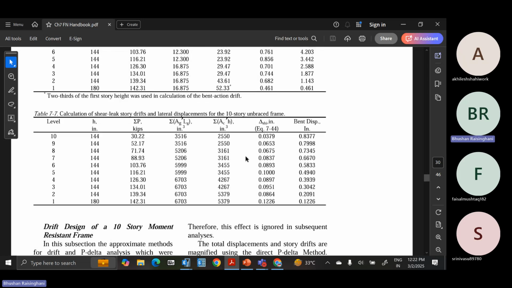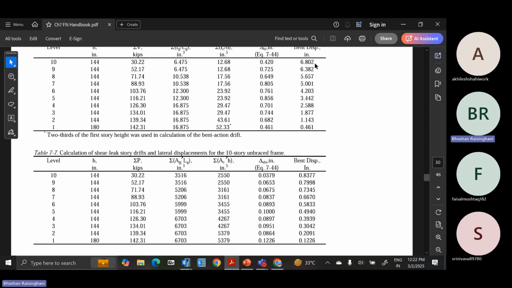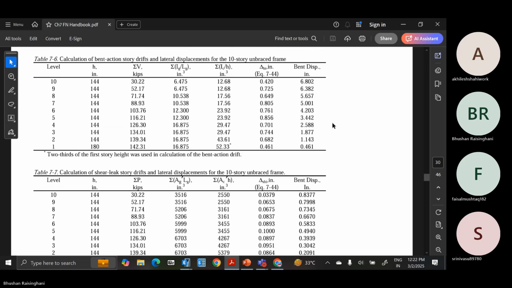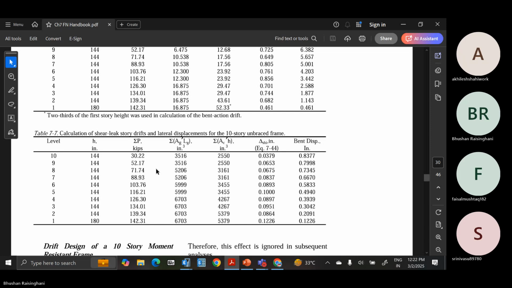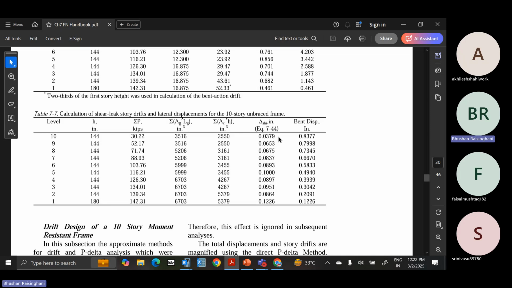So I will apply the formula. So now bent displacement has changed from 6.8 inches. So this is due to the shear lag, how much the displacement has happened, plus this.